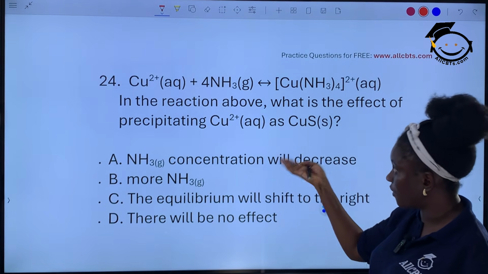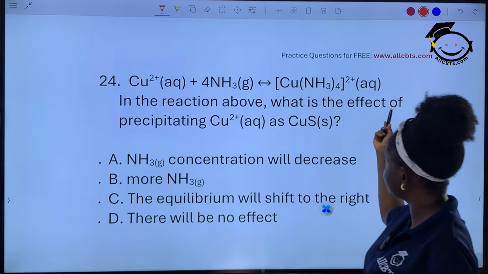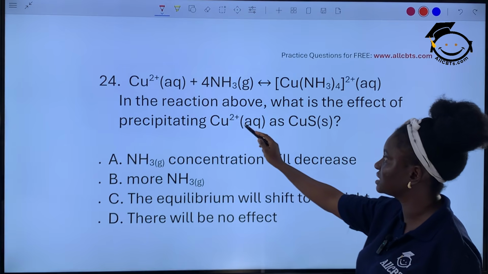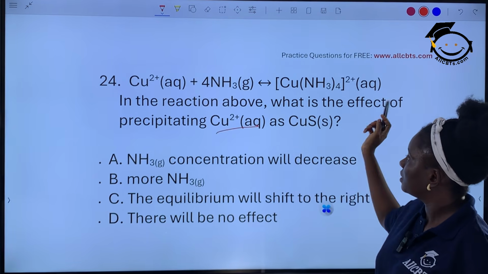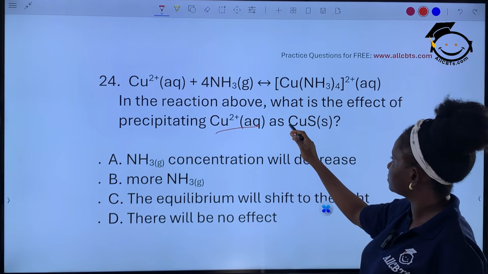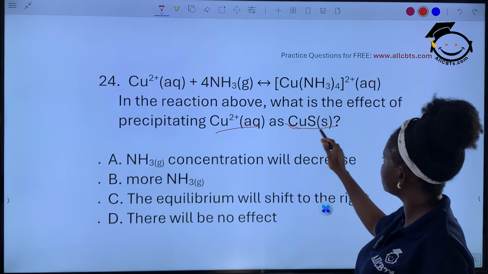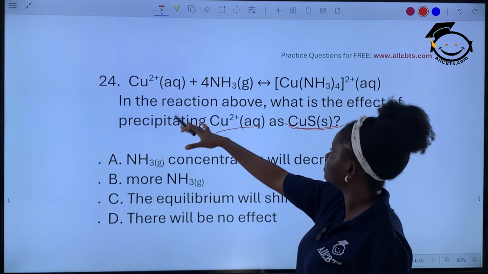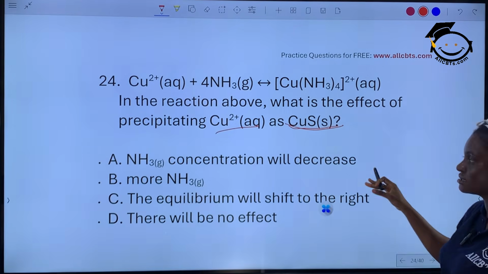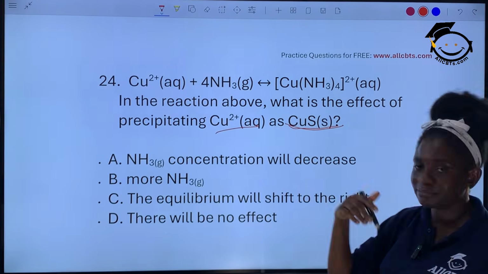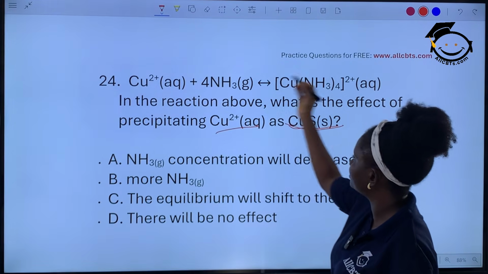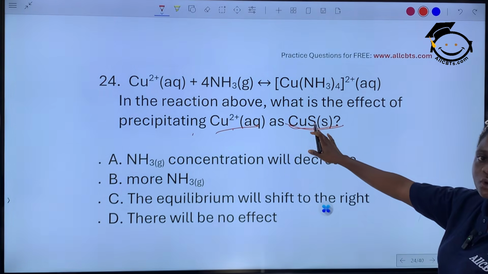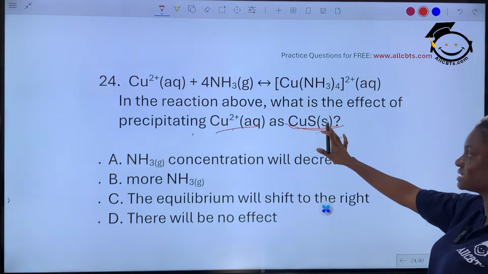Question 24. This is an equation. In this reaction, what is the effect of precipitating copper as this, right? So what is the effect? What is the implication when you precipitate copper as copper sulfide?